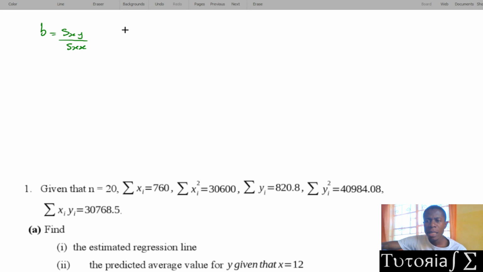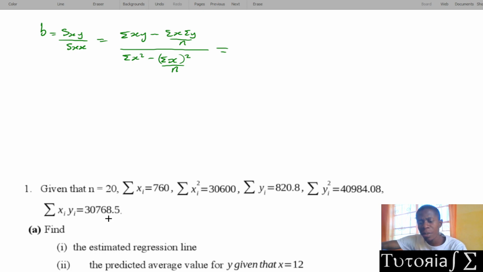So Sxy is equal to the summation of xy minus the summation of x times the summation of y divided by n, everything divided by the summation of x squared minus the summation of x, then squared, then divided by n. Then we can just replace on top there. Summation of xy is that number here. So let me just replace.